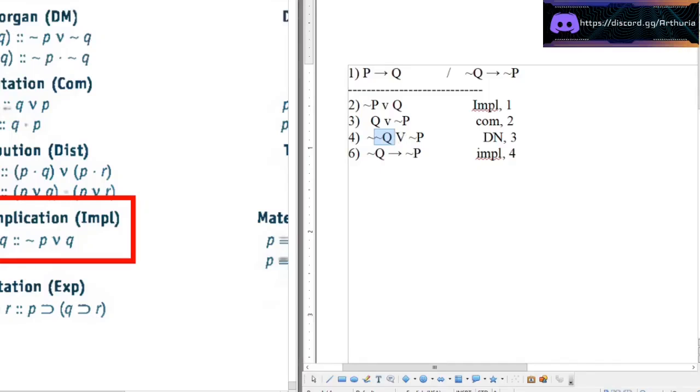So I drop this not, change the or to an if-then, and I write impel for, and I win. Sneaky proof. That is very sneaky. Yep.